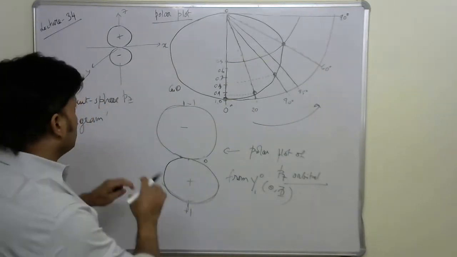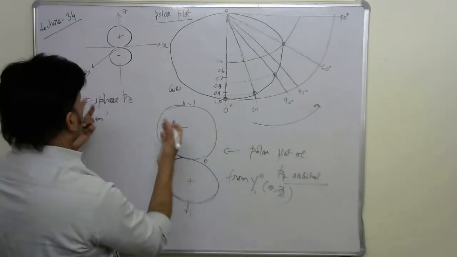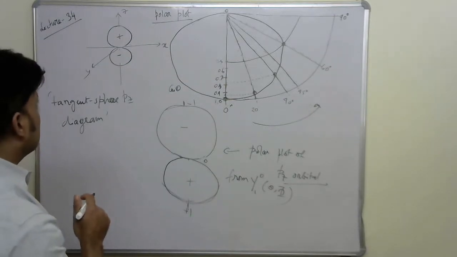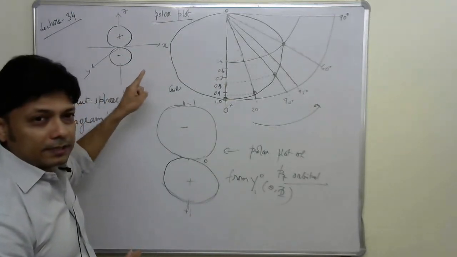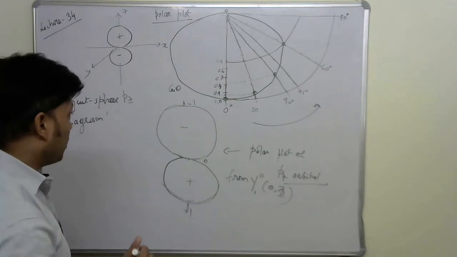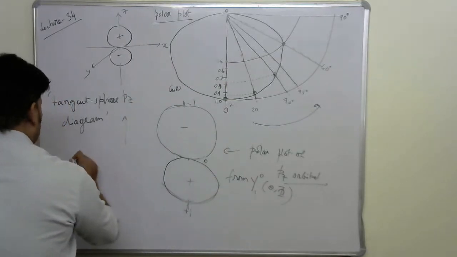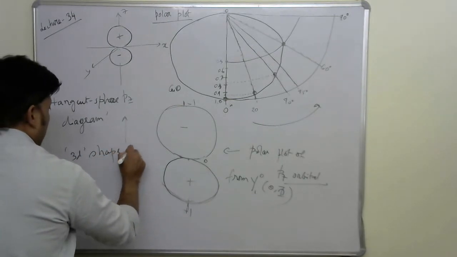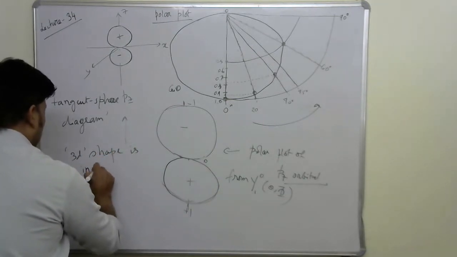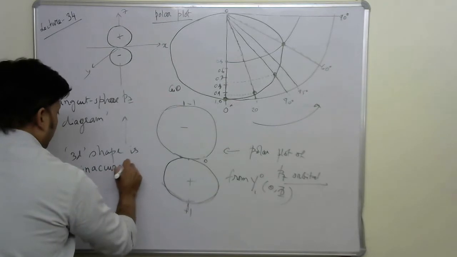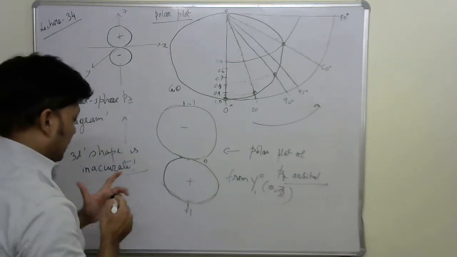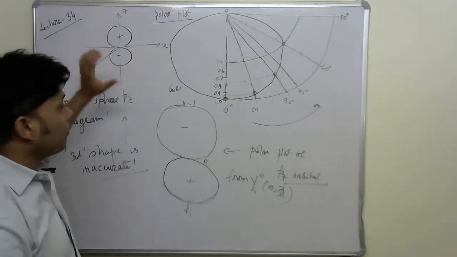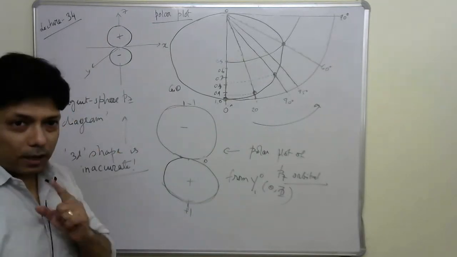So it is possible to generate a 3D shape from the polar plot, but this is not the exact shape of the pz orbital, because the 3D shape is inaccurate. It means that this is not the shape of the orbital. Okay, why is it so?